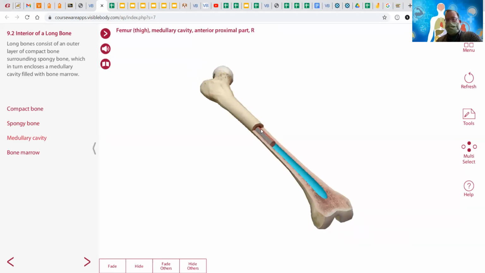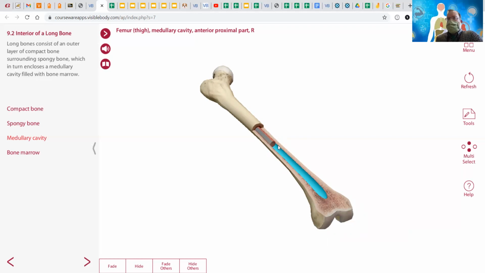Now, in long bones, we have a specialized feature called a medullary cavity. Medullary cavity. So this is our first kind of difference between a long bone and all other bones. All bones have some superficial compact bone, and then some deeper spongy bone. But only long bones are going to have this medullary cavity.